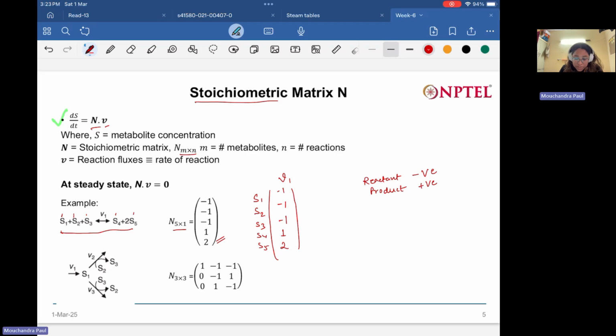Similarly, when there is a much more complex reaction system, like for this particular metabolic scheme, you see that there are three metabolites involved, S1, S2, S3, and three reactions happening. So S1 participates in this network after getting formed from a different reaction with reaction flux V1.